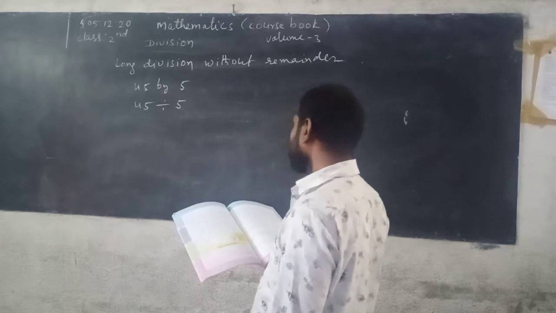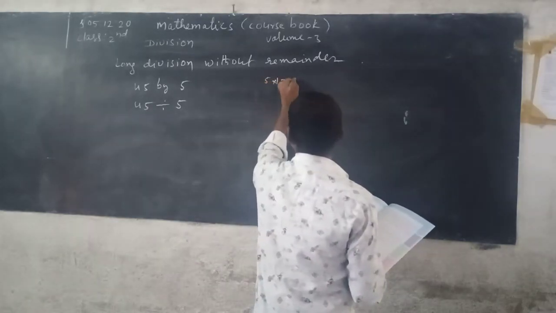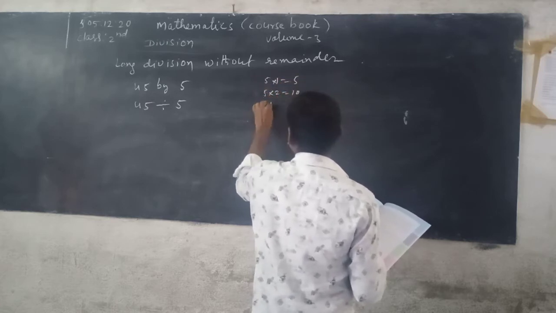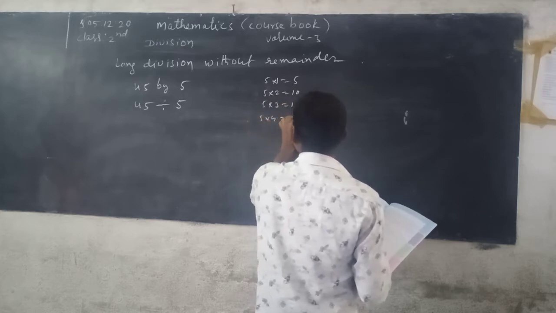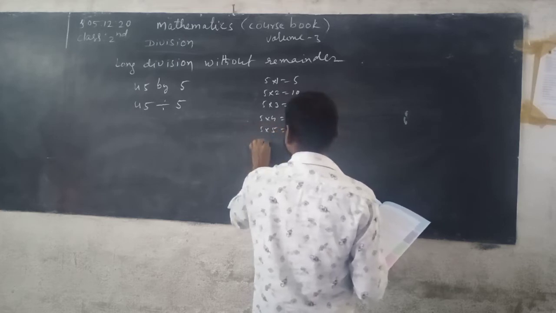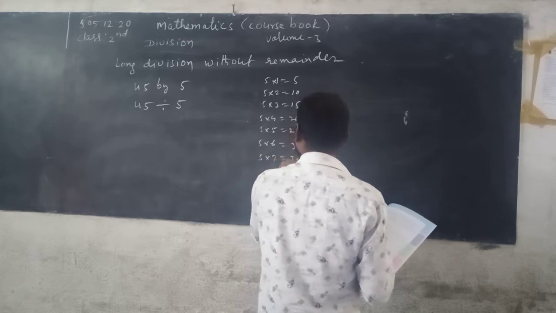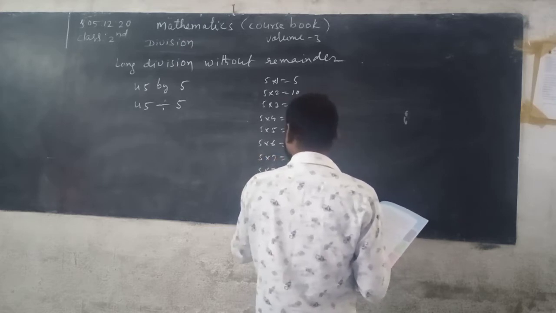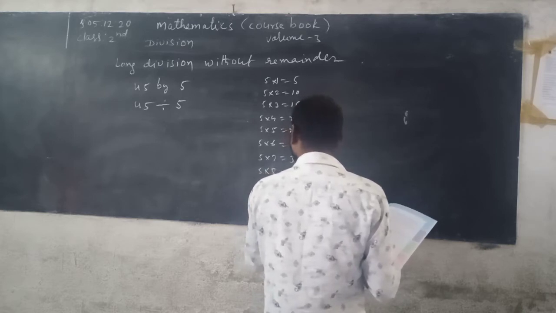What is the spot? See here. 5 1s are 5. Don't have. 5 2s are 10. Don't have. 5 3s are 15, 5 4s are 20, 5 5s are 25, 5 6s are 30, 5 7s are 35, 5 8s are 40, 5 9s are 45, 5 10s are 50.